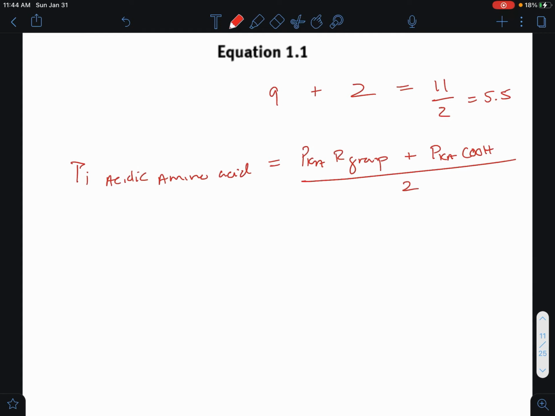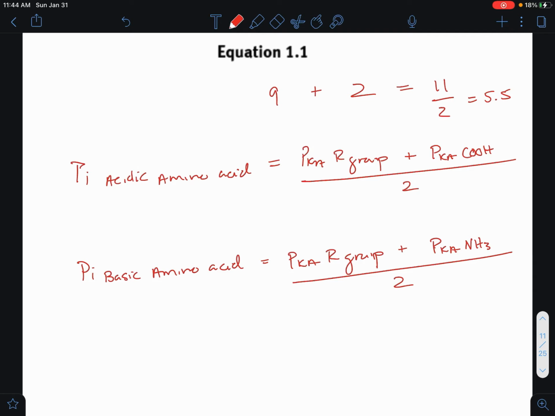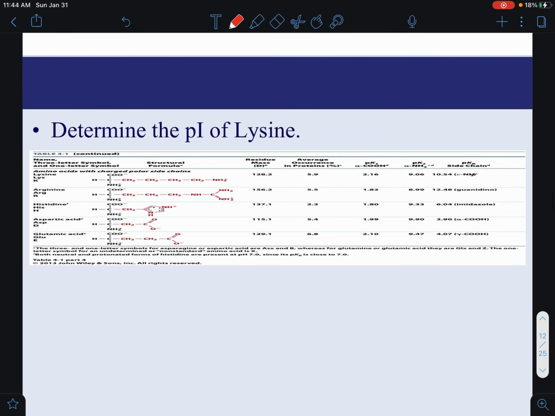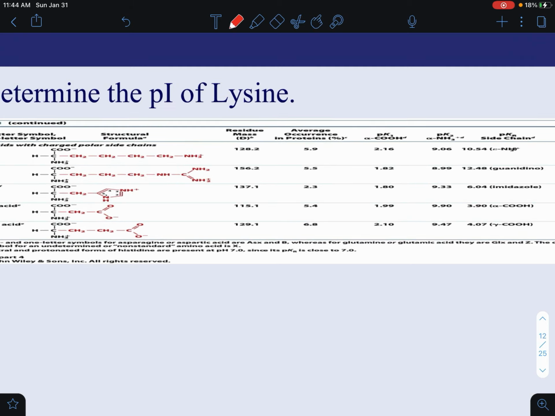And now for a basic amino acid, you're going to use the pKa of the R group and the pKa of the amino group and divide that by 2. Does that make sense?